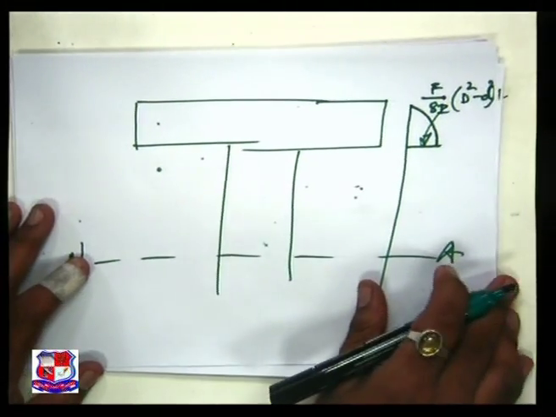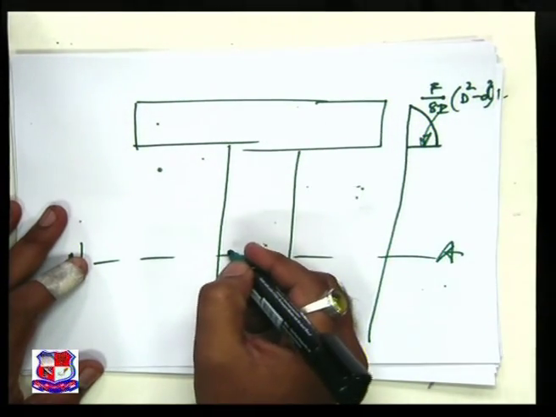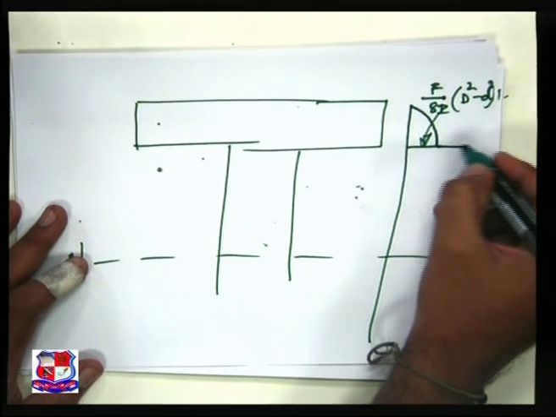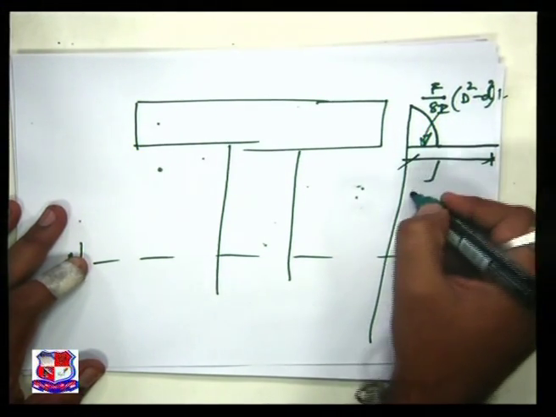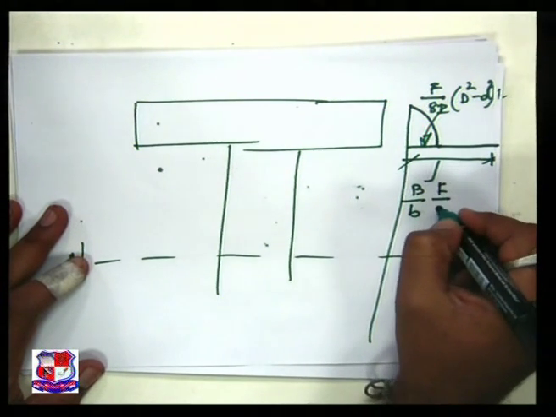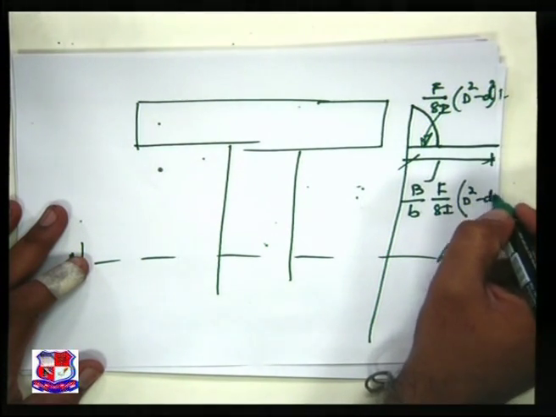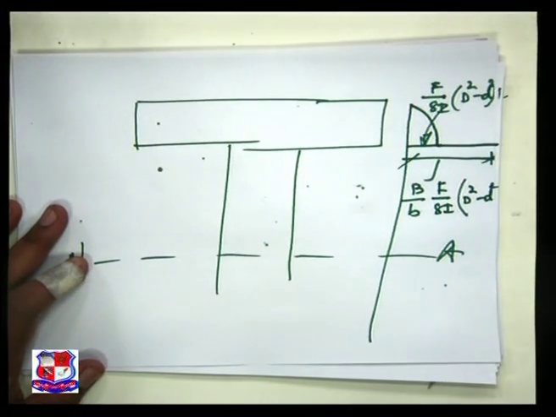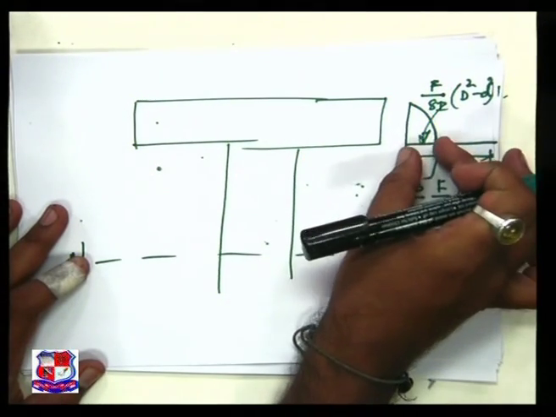This is the variation. But if we consider the web portion, I found a different value, and this value is B F over 8I bracket D square minus d square. A huge value. This is a very small value.